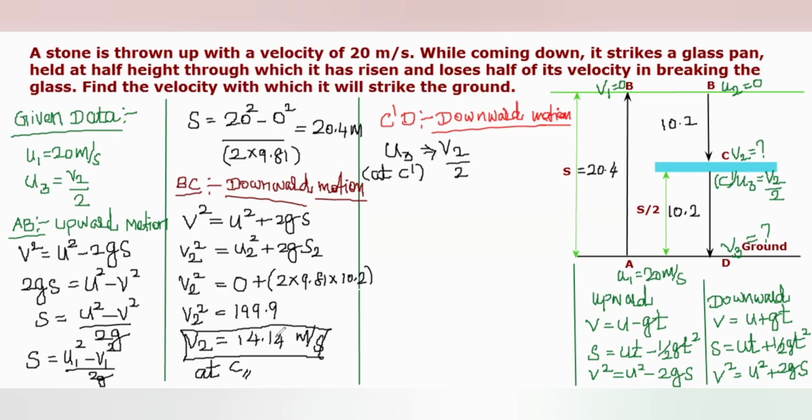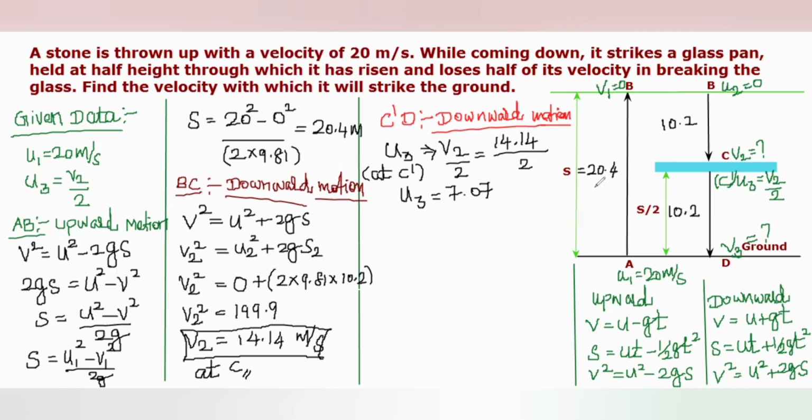Here V2 we calculated as 14.14. So 14.14 divided by 2, we will get 7.07. So U3 equals 7.07. And we have the value of S3, 10.2.